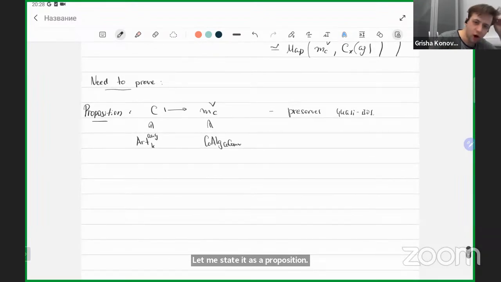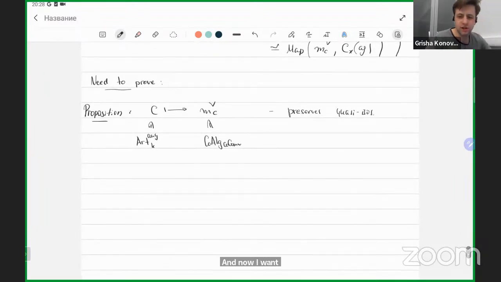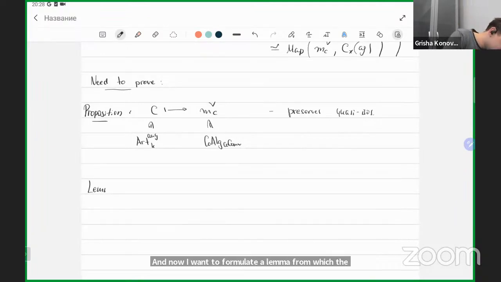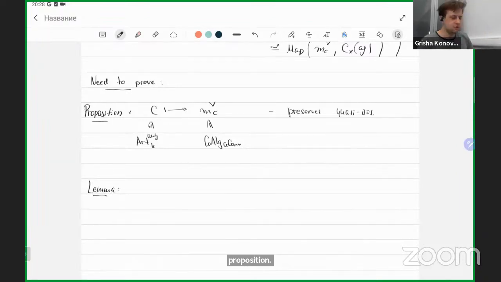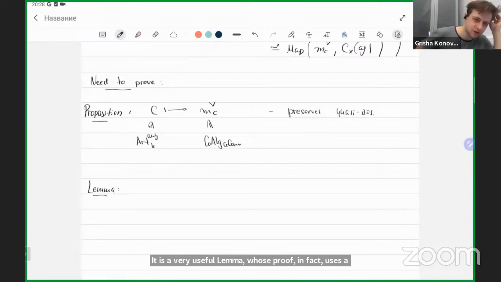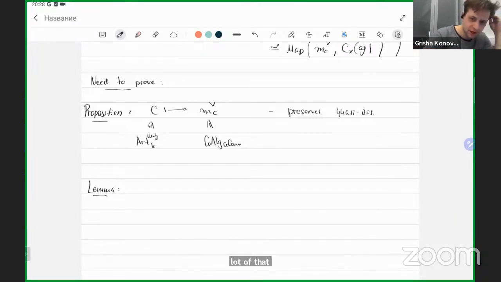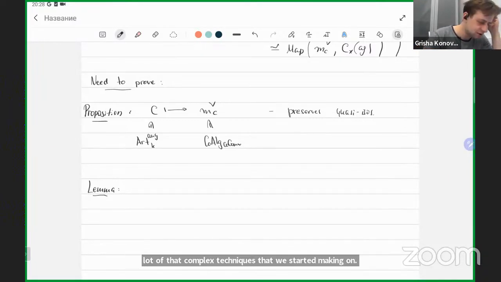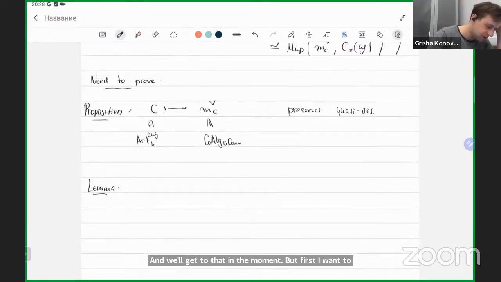And now I want to formulate a lemma from which the proposition will follow. It is a very useful lemma whose proof, in fact, uses a lot of that tangent complex technique that we studied a week ago. And we'll get to that in a moment. But first, I want to show you how the lemma proves the proposition.